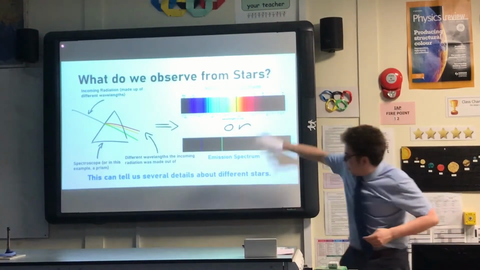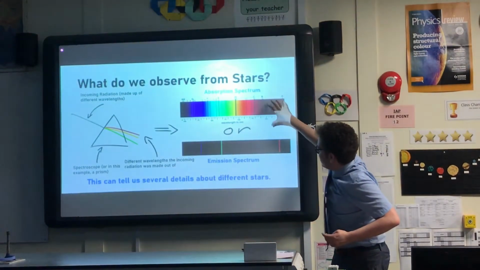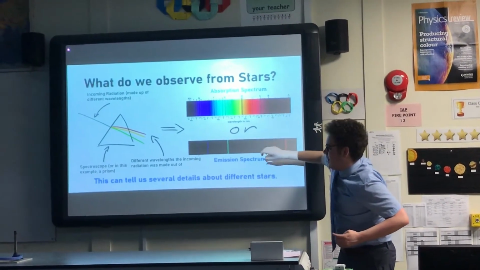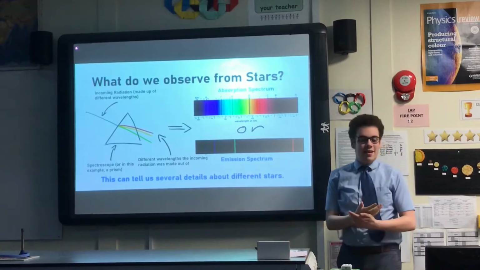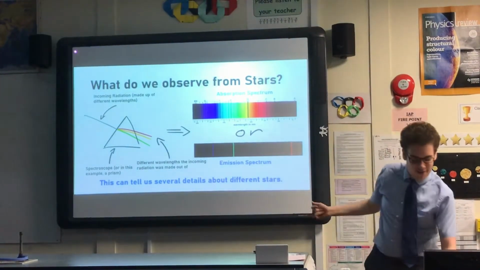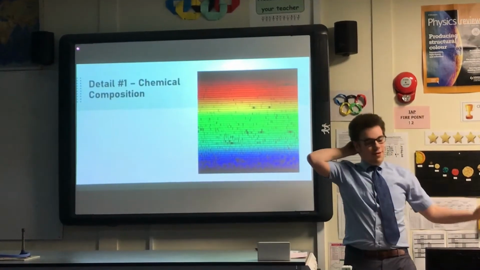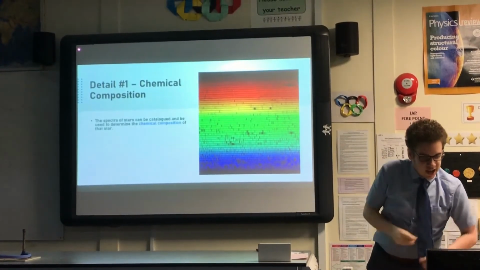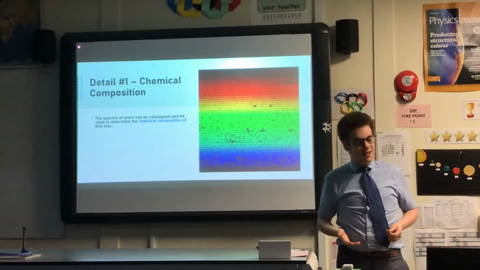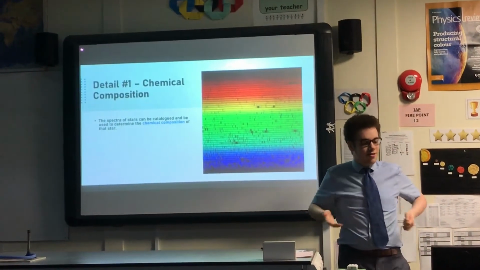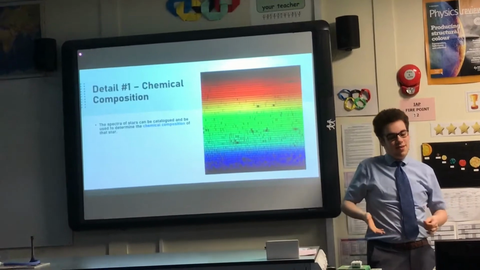So, just looking at absorption and emission spectra alone, we can detail so many different things about stars. Detail number 1, chemical composition. The spectra of stars can be catalogued and used to determine the chemical composition of that star.